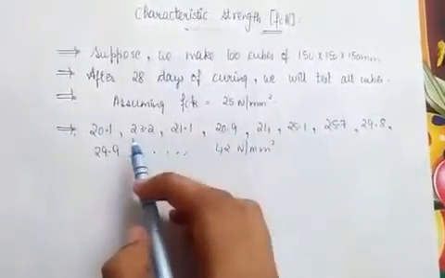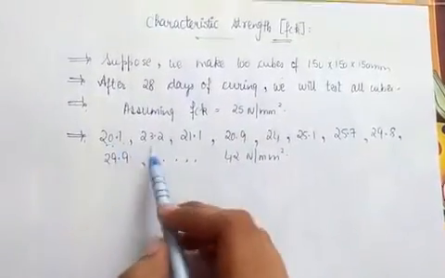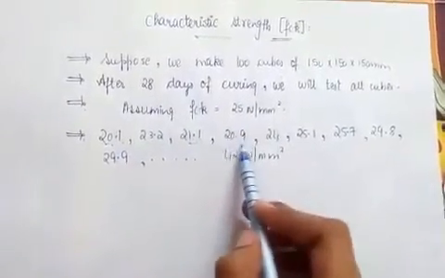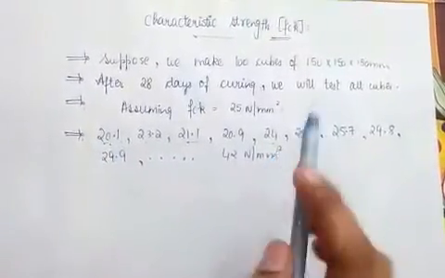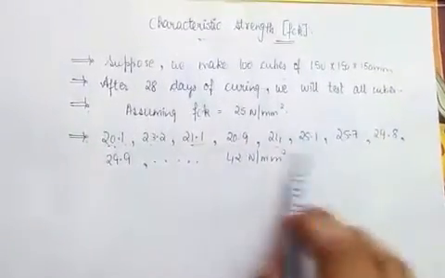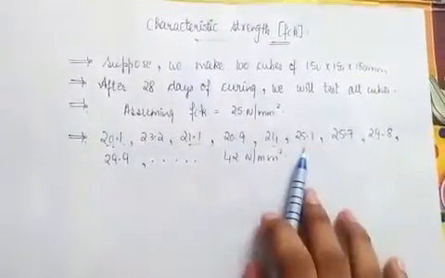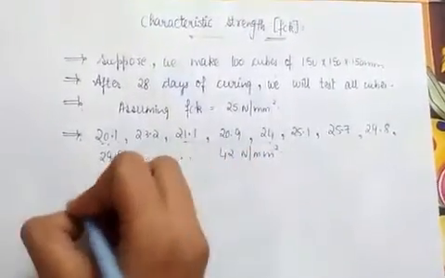Now I wanted you to notice one thing. These five values are less than 25 Newton per mm square, and the rest of the values which we obtained after the result are greater than 25 Newton per mm square.